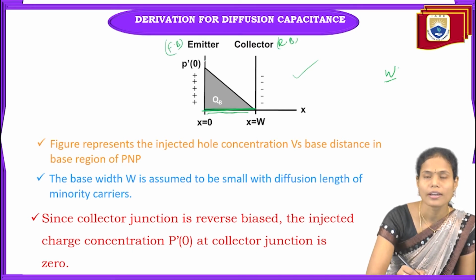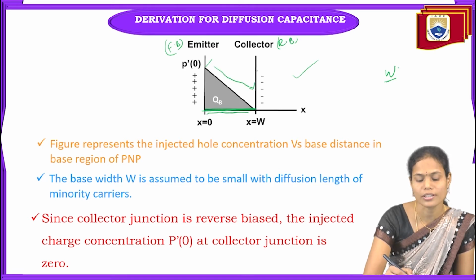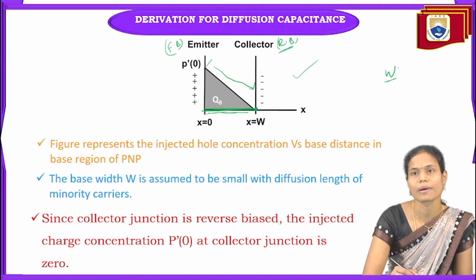So across the emitter junction the charge carriers are very high, and once it is reaching from emitter through the base to the collector, the density of the charge carriers will become zero here. Why? Because of the reverse bias applied to the collector junction.